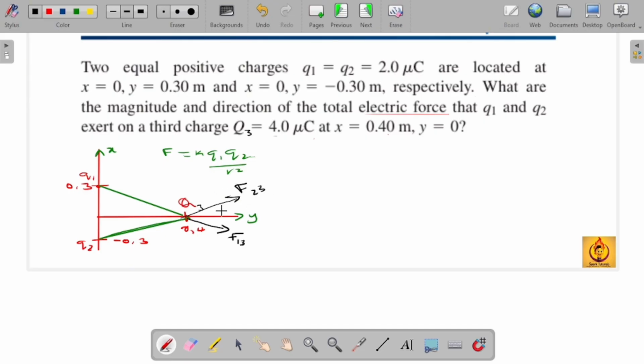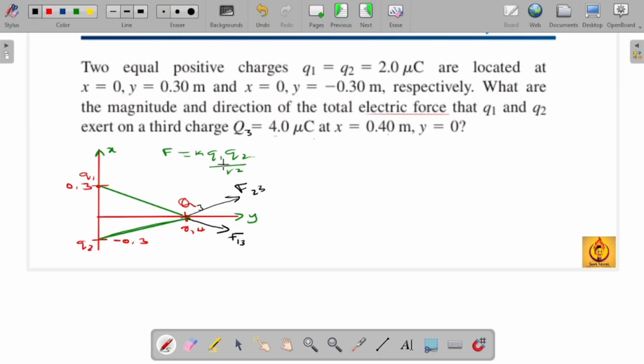So as you can see, the directions can now be broken into components if you want to add them. And if you are going to break something into components, you first have to define it in terms of its components. So our forces have to be defined in terms of components.